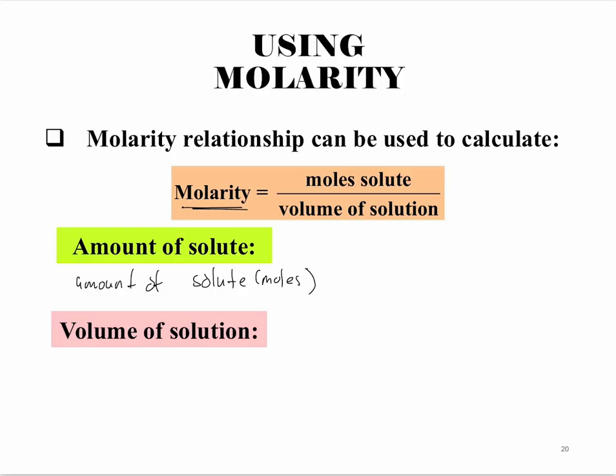So if we're trying to find the amount of solute for a given concentration of solution, meaning you're given the molarity of the solution, and you want to find out what is the amount of solute in there, how would you use the value of molarity here?